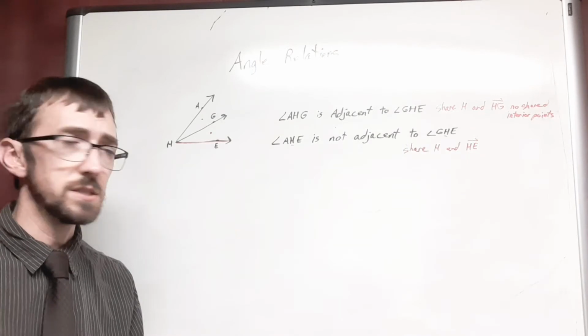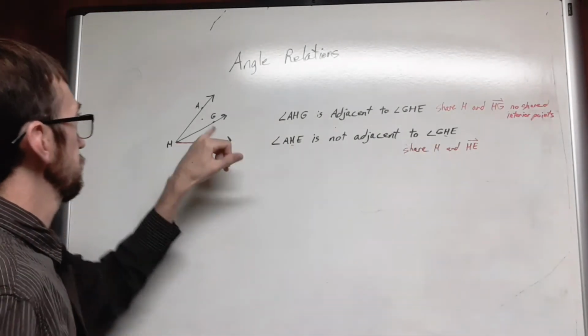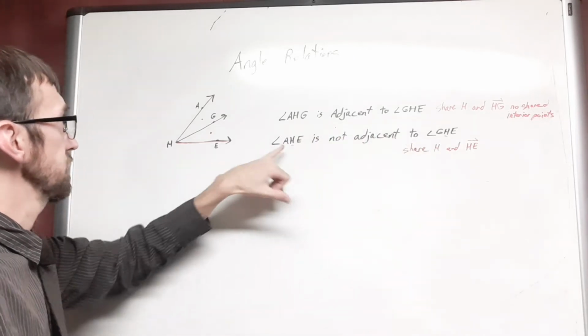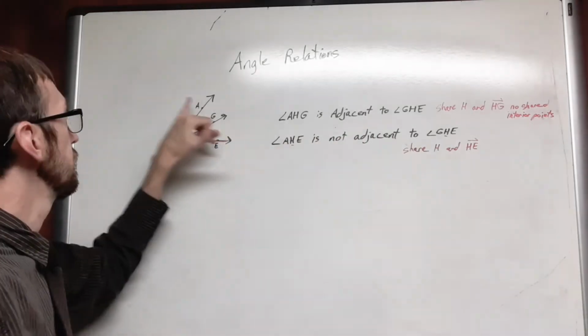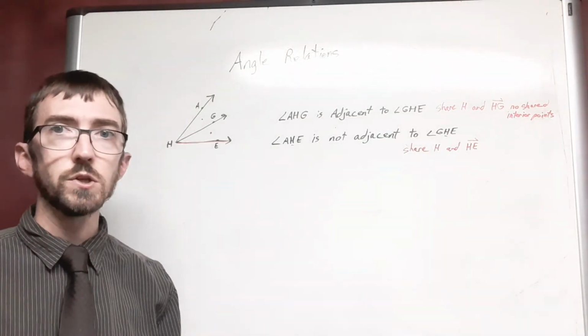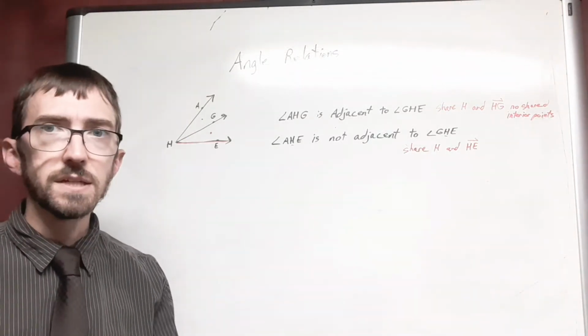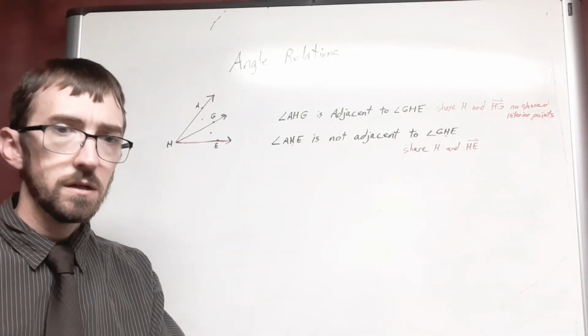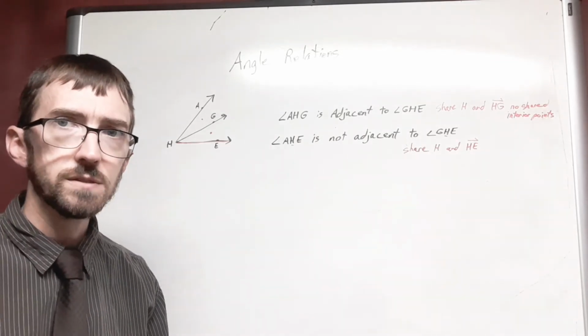Is this point interior? It's interior to GHE. Now going back to here, is it interior to AHE? It is in fact interior, so they have a shared interior point. All it takes is just one, and so it fails the definition for the adjacent angles.